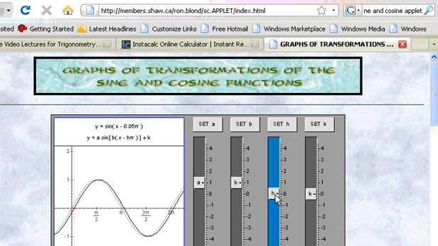Right, let's go back again, start from the origin. Reset. Okay, so h equal to 1, it means in this picture he's going to subtract 1 from x. Actually subtracting pi from x. So as I move this thing up, the picture is supposed to move to the right by that amount in radians.